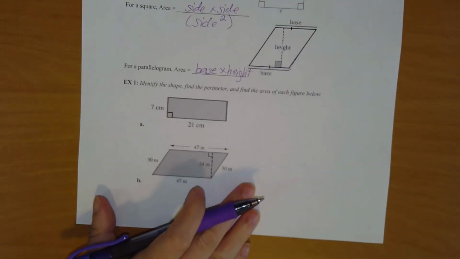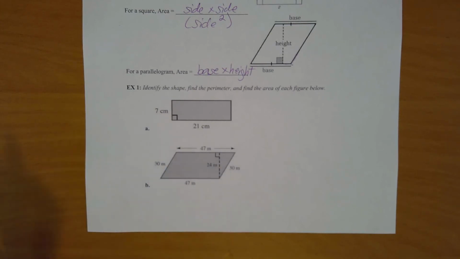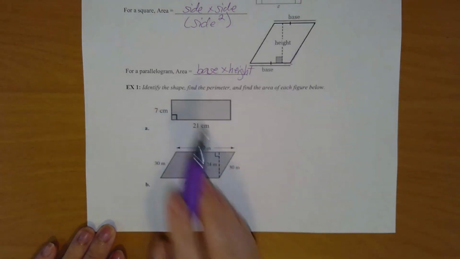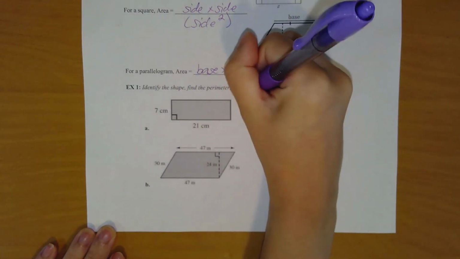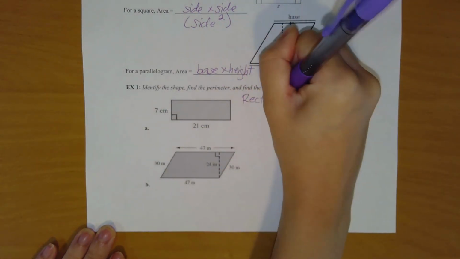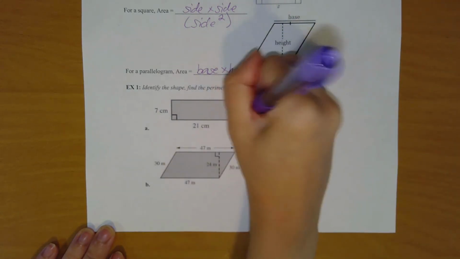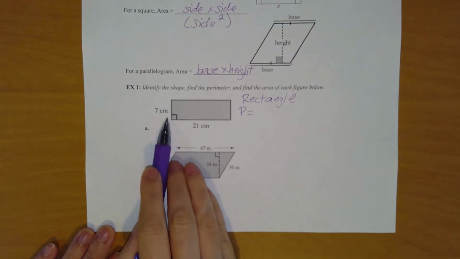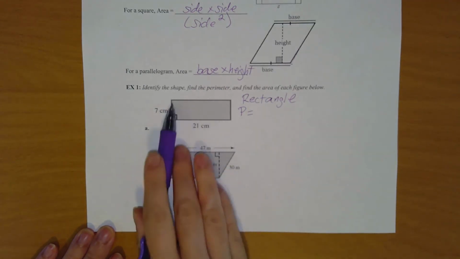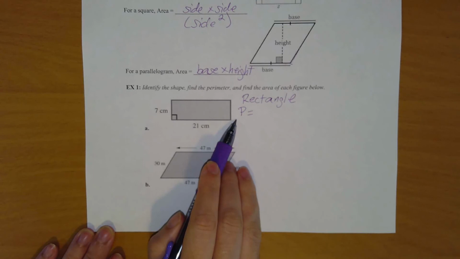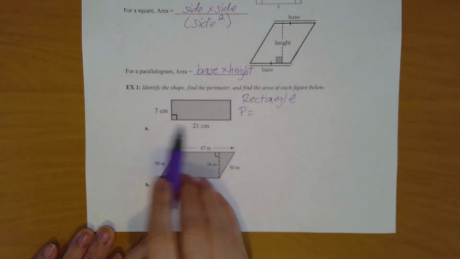So in example 1, we're going to identify what kind of shape it is. We're going to find the perimeter, just to review that, and we're going to find the area of each figure. In part A, the shape we have is a rectangle. To find the perimeter, we add all of our side lengths. You would notice they've only labeled 2 of them, but I promise it still has 2 more sides, and we have to actually add all 4 of those.